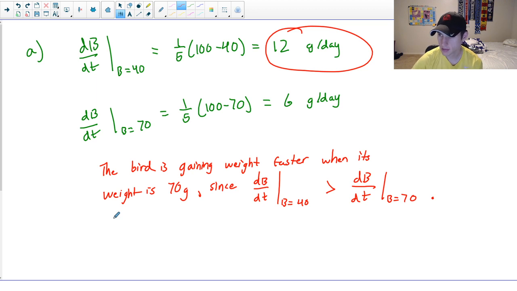Which makes intuitive sense. When you're younger, like a baby or a toddler, you're gaining weight faster compared to when you're in high school and not growing as much. That idea should make sense.